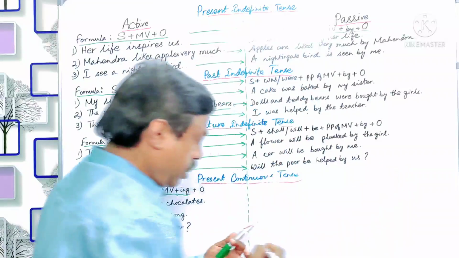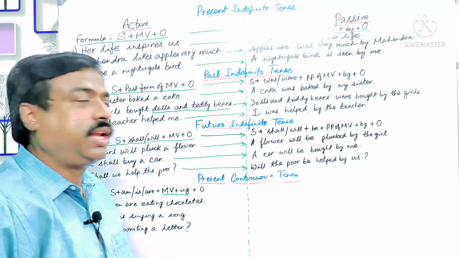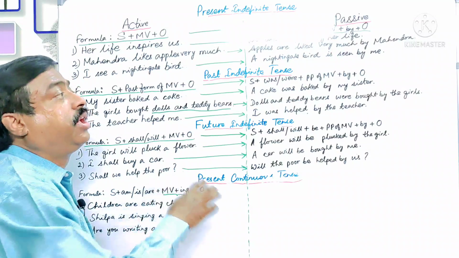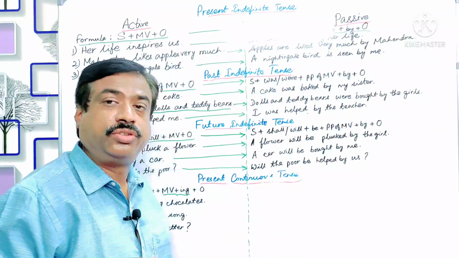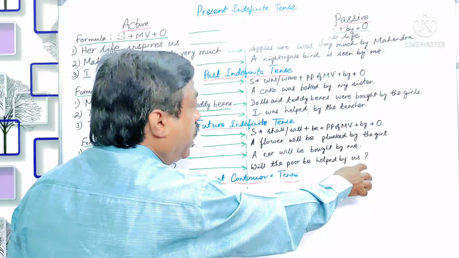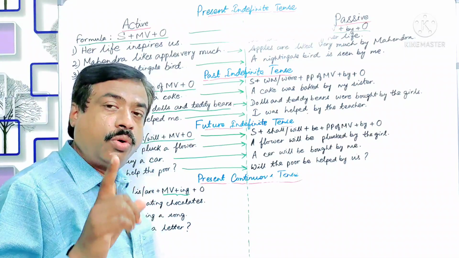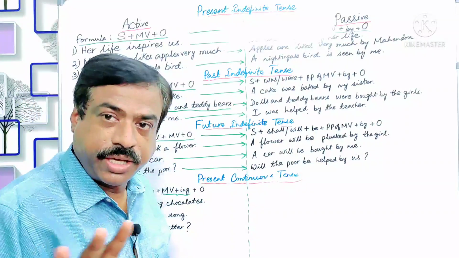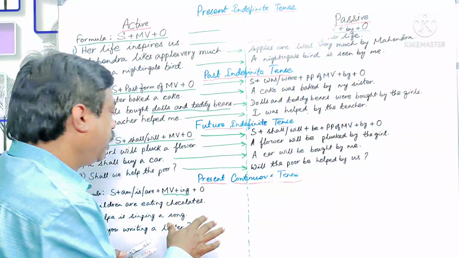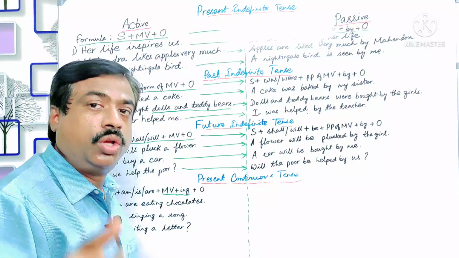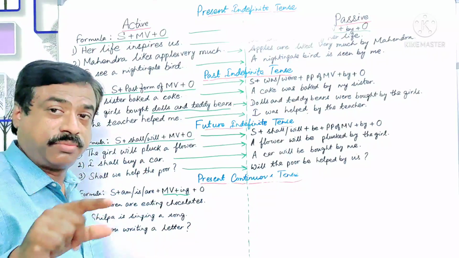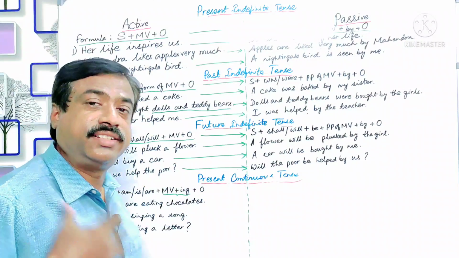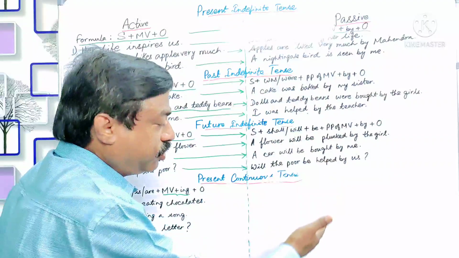Question mark. One thing I want to tell you is that if your sentence in the active voice ends with a question mark, make sure that in the passive voice also your sentence ends with a question mark. So you can't change anything with regard to the question mark, full stop or exclamation mark. That's very important here in voice. If your sentence ends with a full stop, it will end with a full stop only.